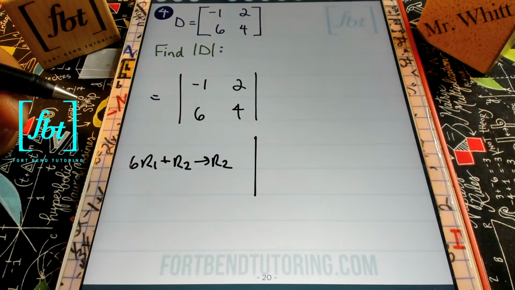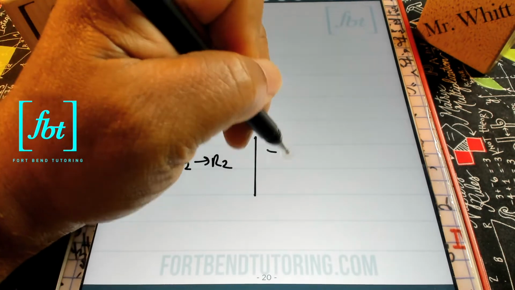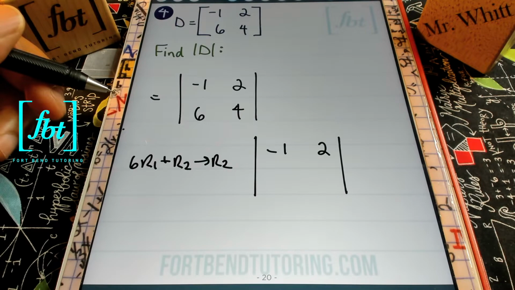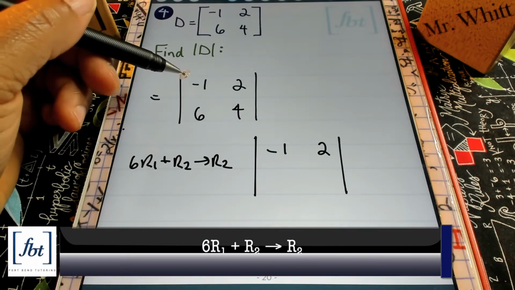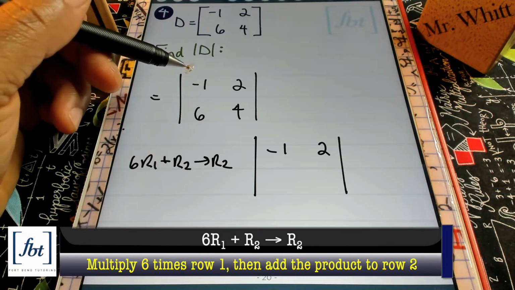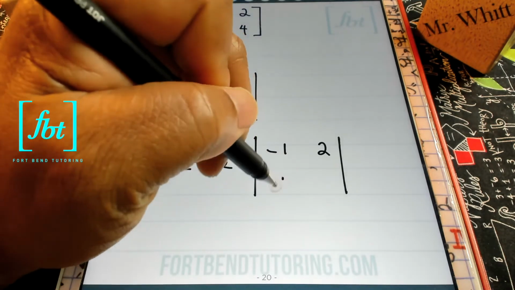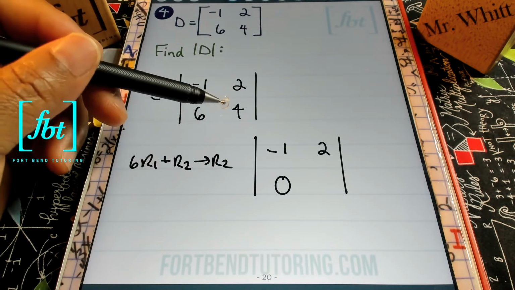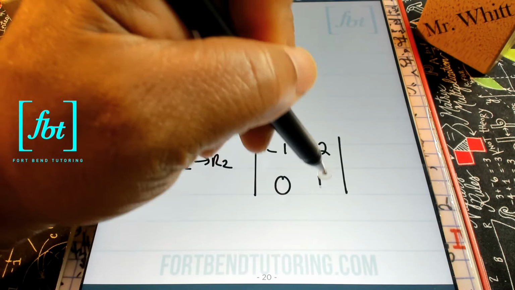I know that my first row will remain unchanged, so I'm going to bring down the negative 1 and the 2. And then when it comes to rewriting the second row, we need to multiply the first row by 6. So 6 times negative 1 is negative 6. Negative 6 plus 6 is 0. 6 times 2 is 12, and then 12 plus 4 gives us 16.